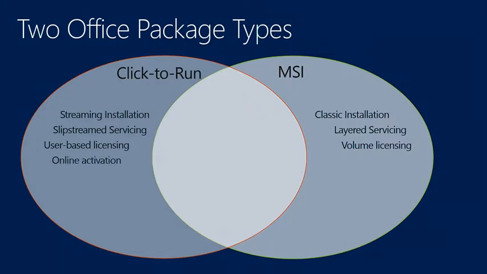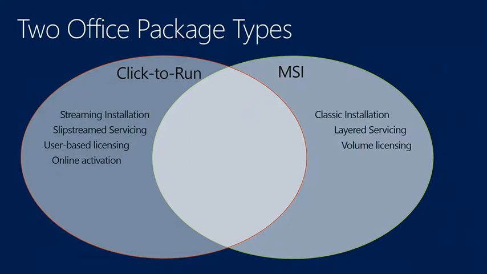Now, Click to Run is activated online, so it's activated against your Office 365 tenant. So you're maintaining all those users in your Office 365 tenant. You're allowing, disallowing them to log into different devices, allowing them to install Office or not. That's a really important thing once we start to look at all these unmanaged devices like iPads, iPhones, Android devices, even Windows phones, Surface RTs, all these other devices that may or may not be joined to the domain.